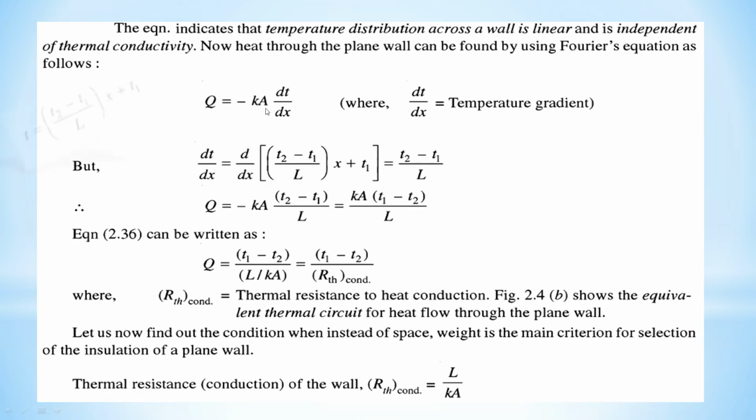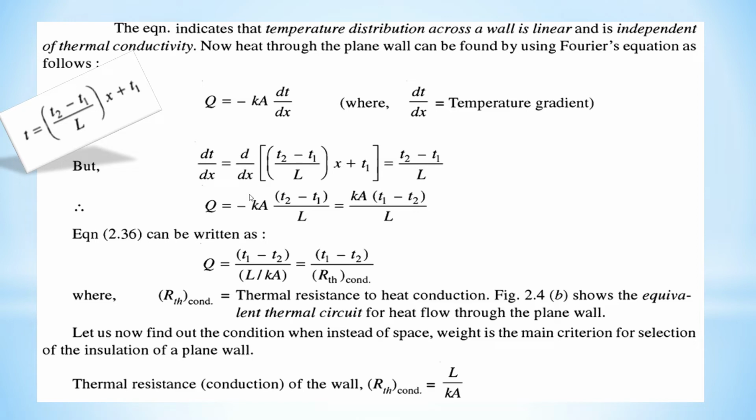So from the previous equation we are putting the value of T equal to T2 minus T1 divided by L into x plus T1 into this equation. Here we calculate only dt by dx, then after we will put the value of dt by dx in the Fourier equation. So dt by dx, here T equal to T2 minus T1 by L into x plus T1, put this value in dt by dx, the value of temperature.